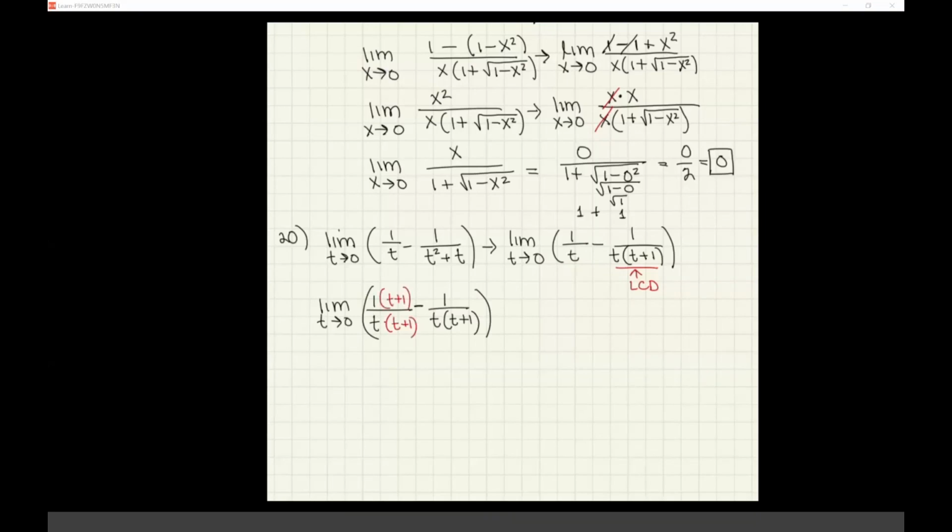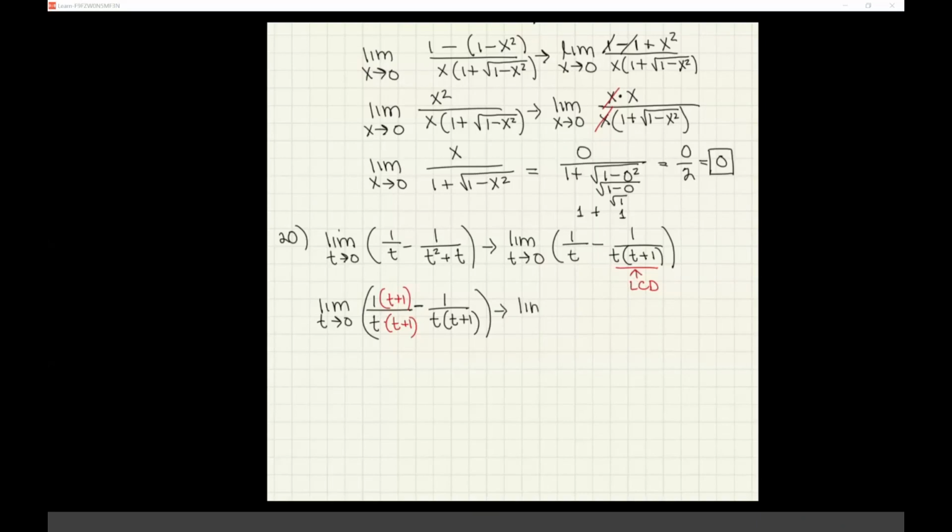Everybody remember that strategy for finding a common denominator? Okay, basically you look at the least common denominator and then you look at the other denominators and you multiply them by something that'll give you that denominator. You multiply the numerator by the same thing. Okay? Anybody questions on that part?